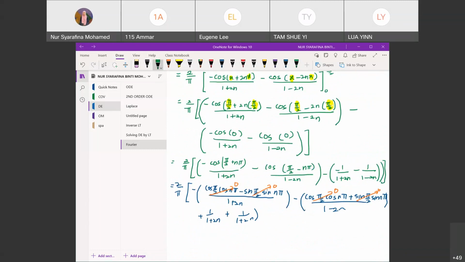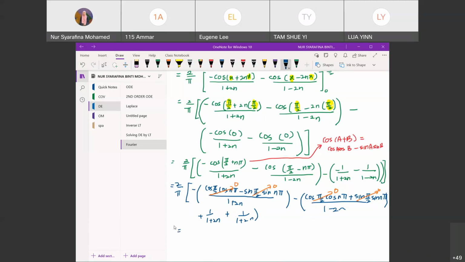This one, we apply identity, right? So now, here we have 0, 0, and then now what's left?